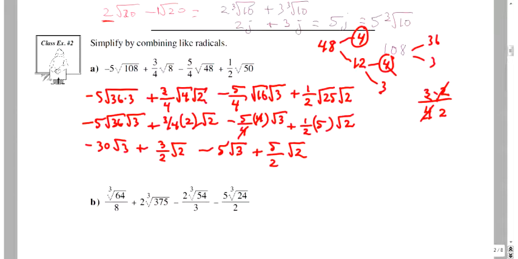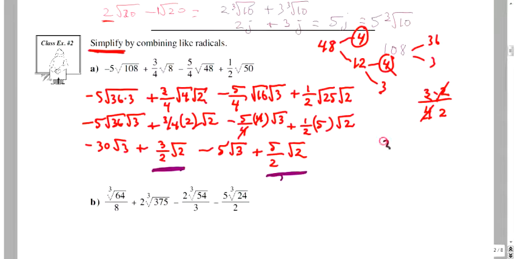I'm not done, because I can collect some of these radicals together. How many root 2's do I have? Well, I have, careful, I have 1.5 root 2's. I have 2.5 root 2's. If you like decimals, you're going to say that to yourself. How many is that? What's 1.5 and 2.5? 4.